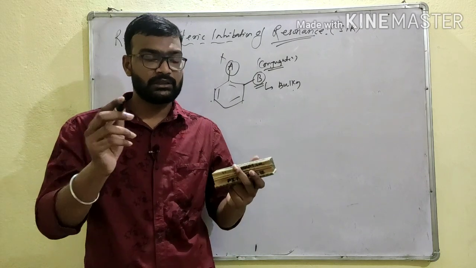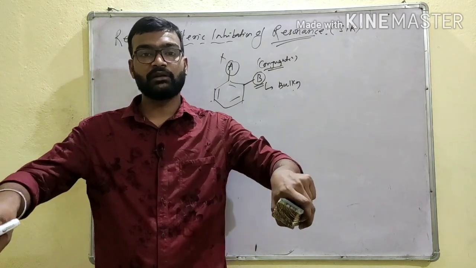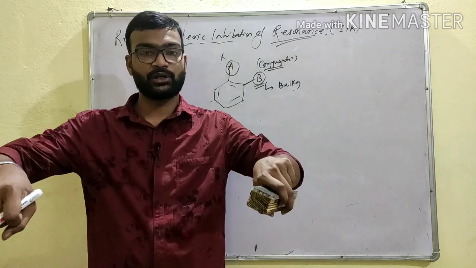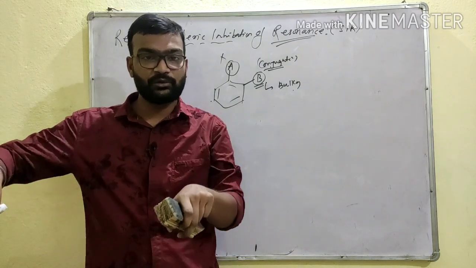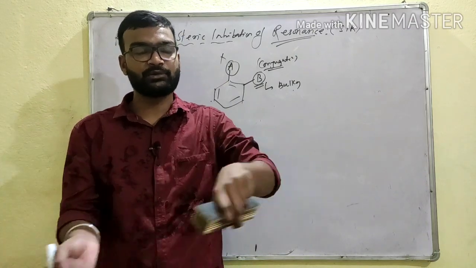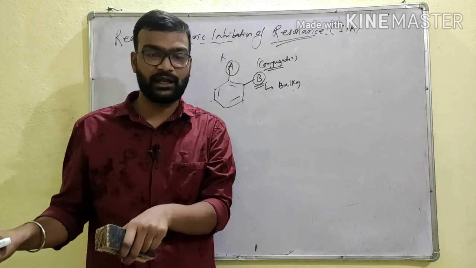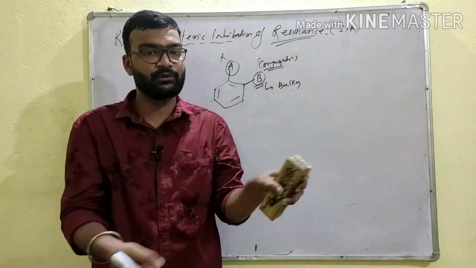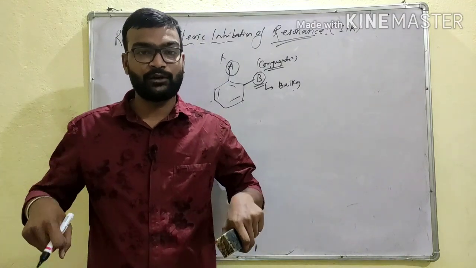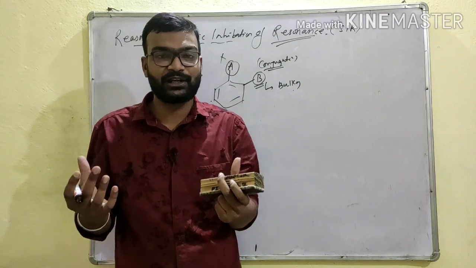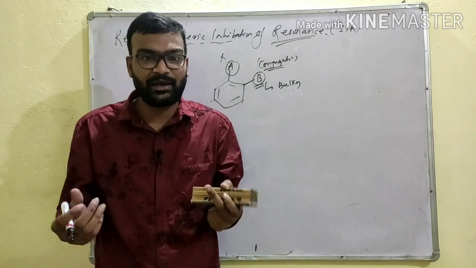Suppose you are going to drive a vehicle. Your car or bike can turn in any direction, left or right, anywhere. But suppose you are in a vehicle called resonance. You name your car or bike resonance.